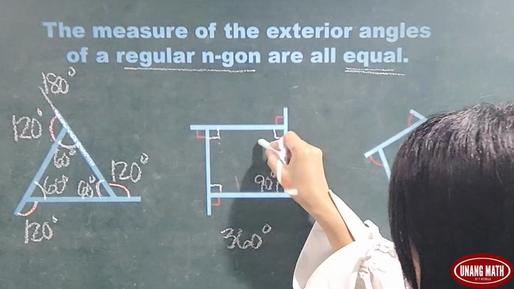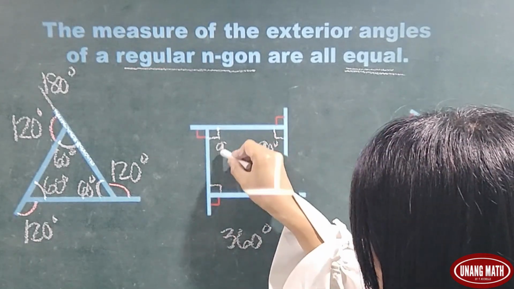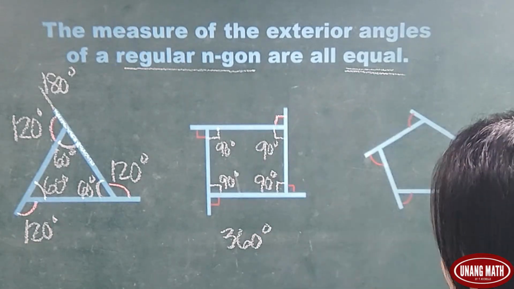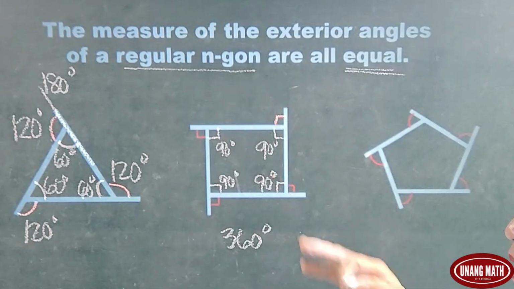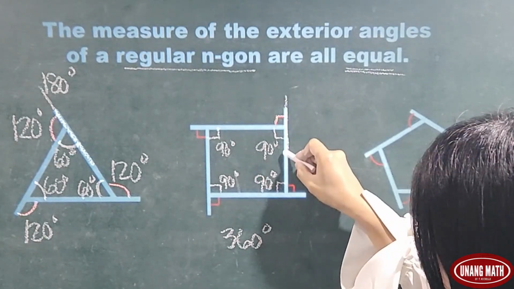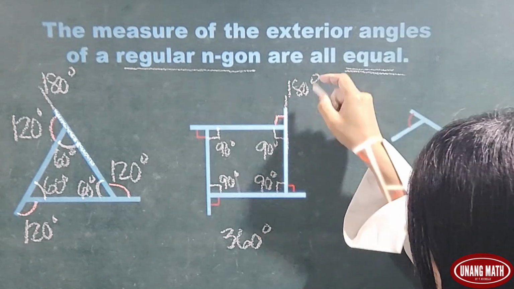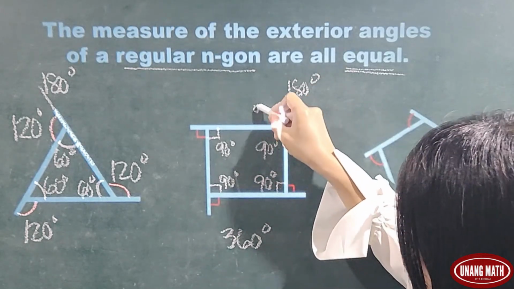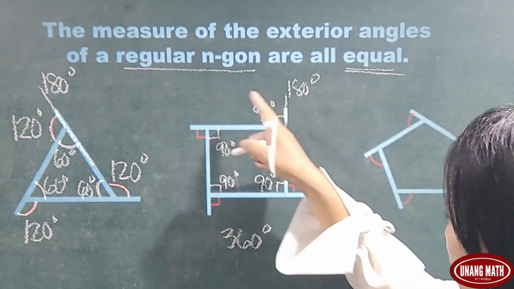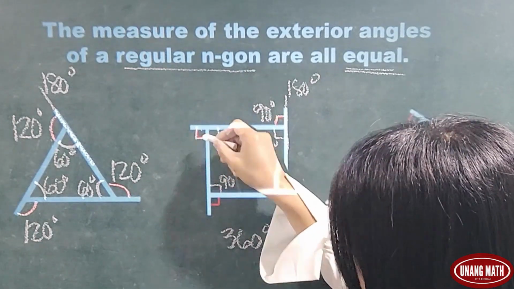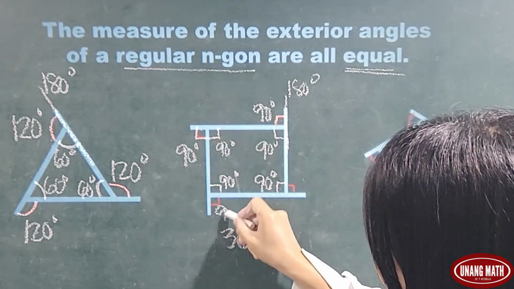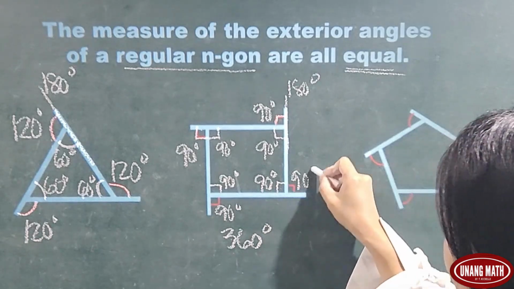So each interior angle measures 90 degrees. What about the exterior angle of a square? Interior plus exterior is a straight angle or 180 degrees. So 180 minus 90, then the exterior angle is 90 degrees. So each exterior angle measures 90 degrees.